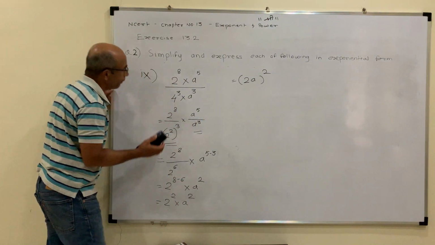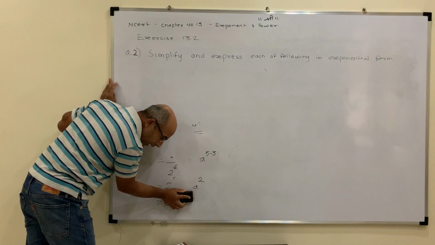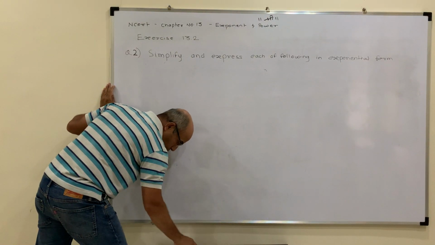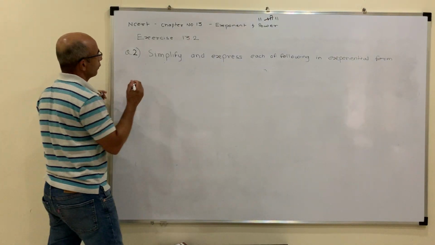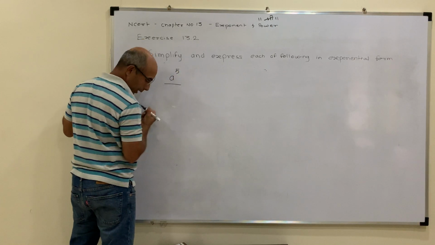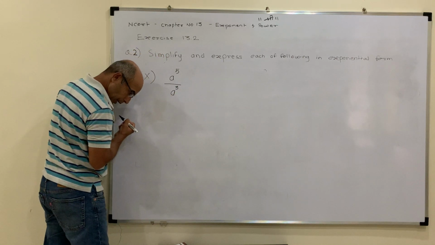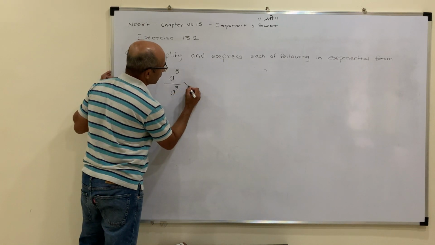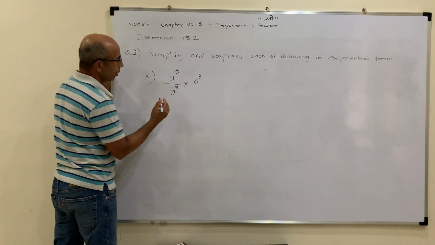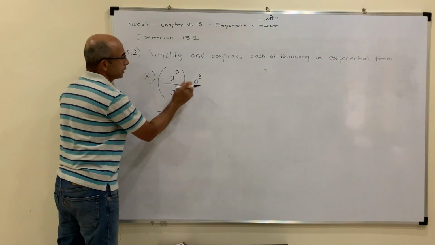a raised to 5 divided by a raised to 3 into a raised to 8. 10th one. a raised to 5 divided by a raised to 3 into a raised to 8. So now I'll solve this part first, and then I'm going to solve this one.